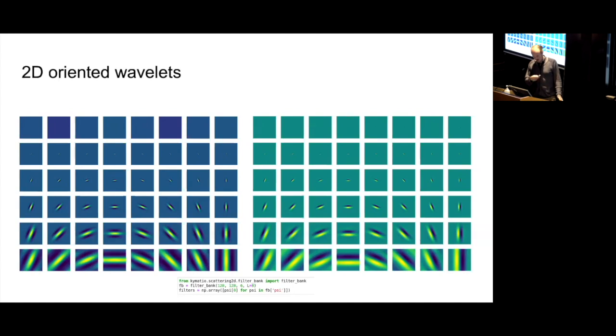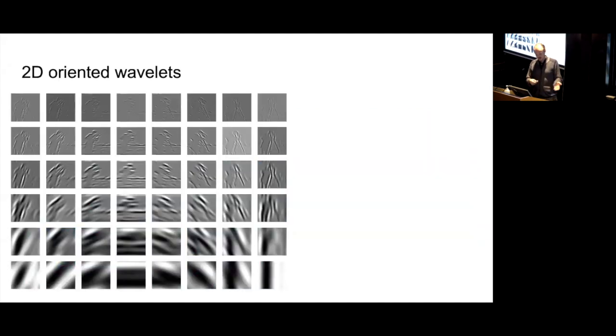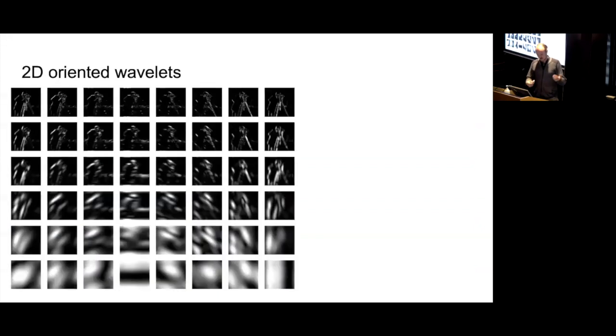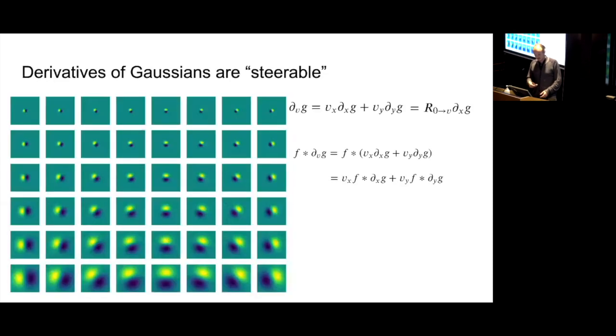Now we can analyze our image with that. So the cameraman convolved with these wavelets, in real looks like this, in imaginary looks like this, and in absolute value looks like this. So you can see that it's picking out differently oriented edges of the cameraman at different scales. So again, fancy derivatives at different scales.